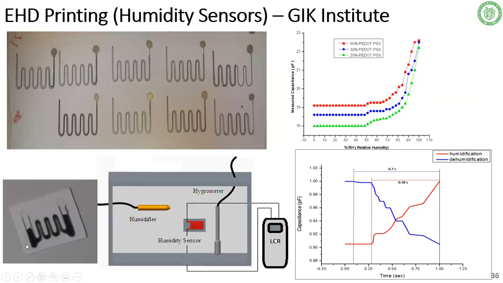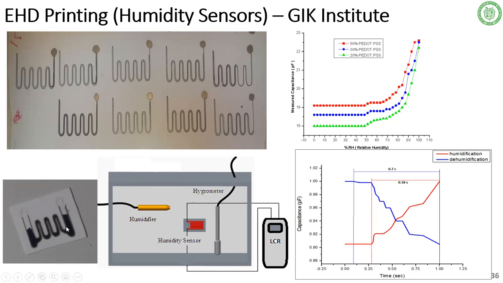Then we printed a humidity sensor with interdigitated-type electrodes. In between we have a black material, which is PEDOT:PSS, and the two electrodes are silver, on the paper.